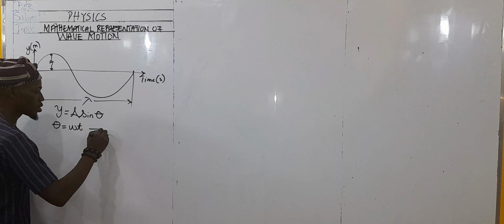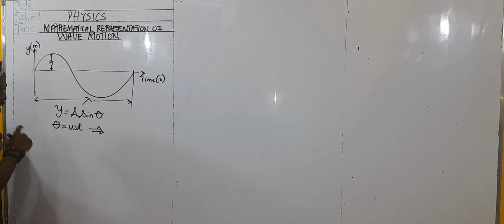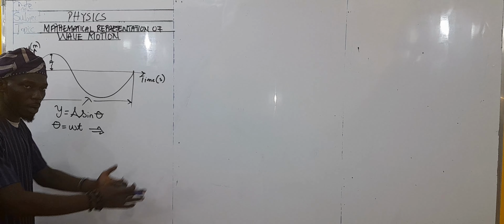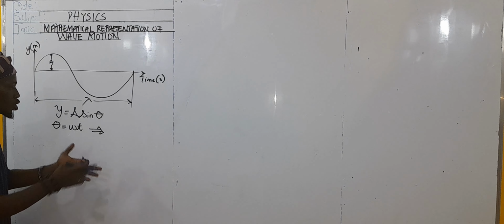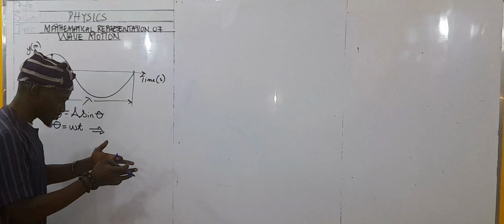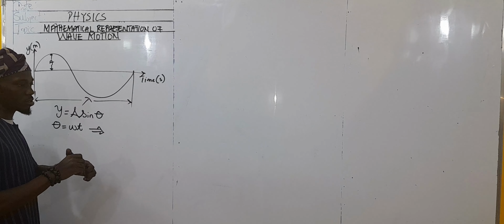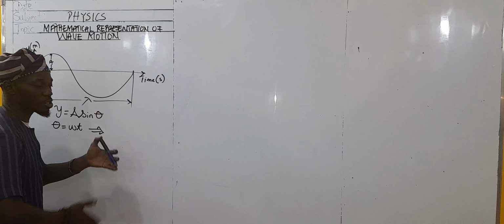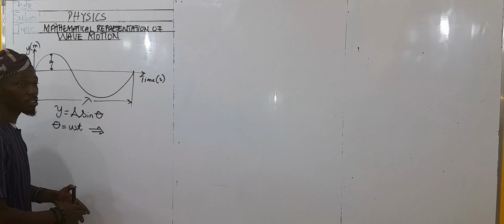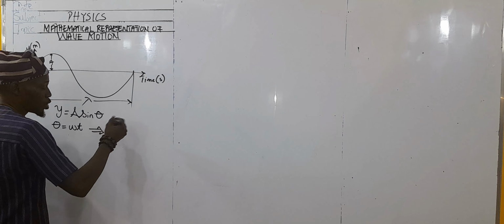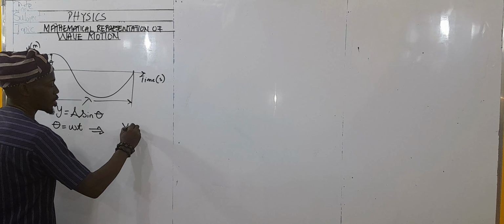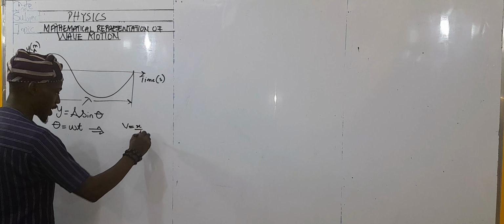Let me just do a quick revision and treat the similarity between simple harmonic motion or circular motion with normal velocity, like when something is moving on a horizontal plane. Alright. So we know that velocity equals distance over time.